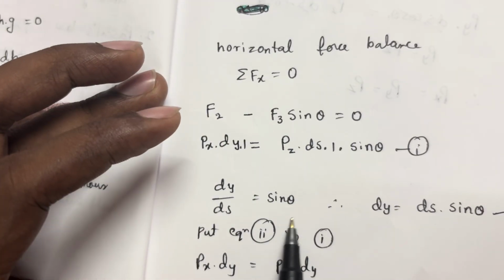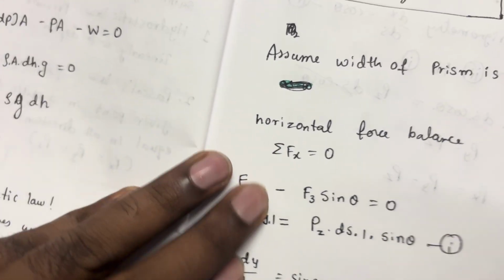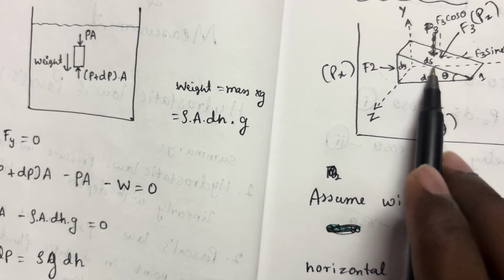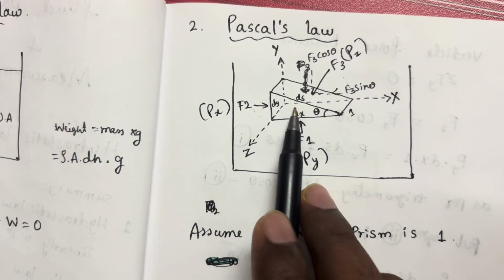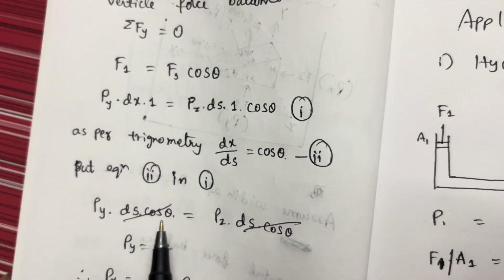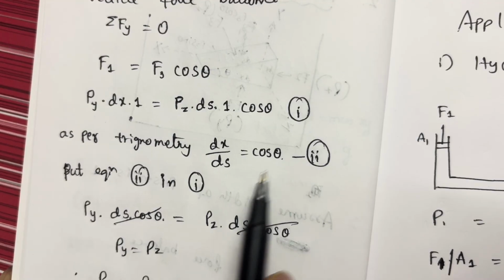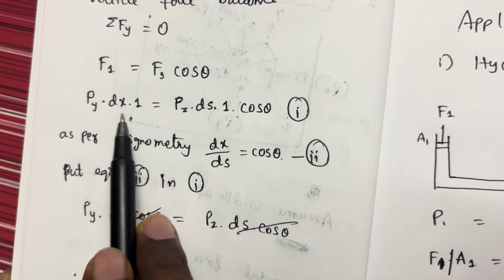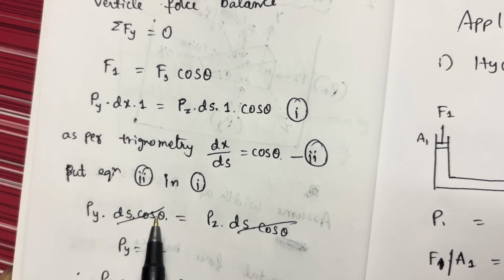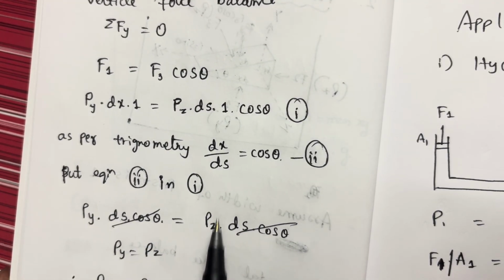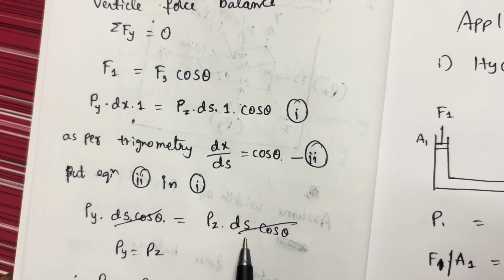In the same manner, as per trigonometry, if you divide the base dx by the diagonal ds, you get cos theta. So dx by ds equals cos theta. Now we put this equation into that equation. Then Py times dx becomes Py times ds cos theta, and on the other side Pz times ds cos theta, as it is.